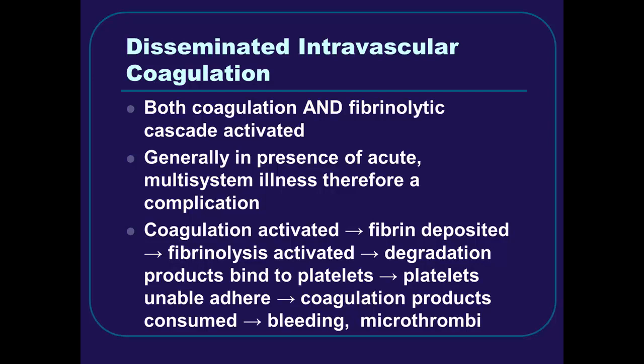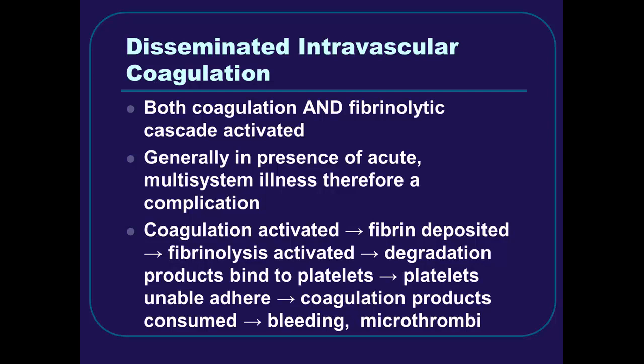This is usually in the presence of an acute multi-system illness and therefore is a complication, not a primary disorder. It's estimated that as many as 20% of critically ill individuals develop DIC, and it carries a fairly high mortality, anywhere from 45 to 75% of those individuals who develop the disorder.